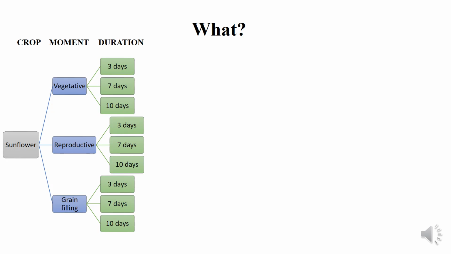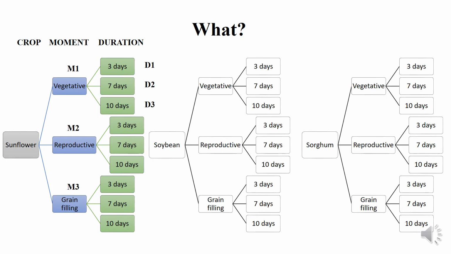So, as we can see in this chart, we test in every crop, sunflower, soybean, and sorghum, 3 moments. Every moment we call M1, M2, and M3, and then we test 3 durations of waterlogging that we call D1, D2, and D3.